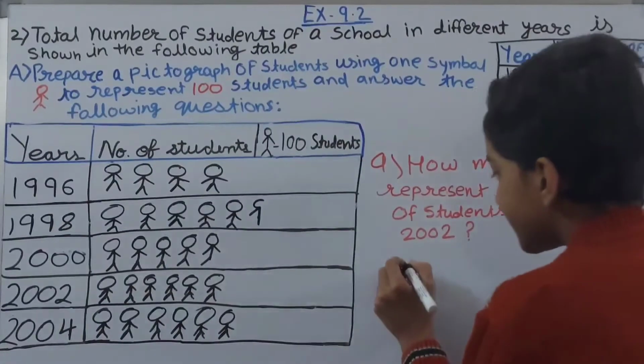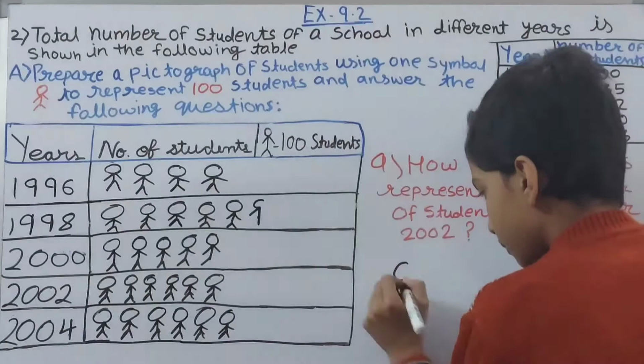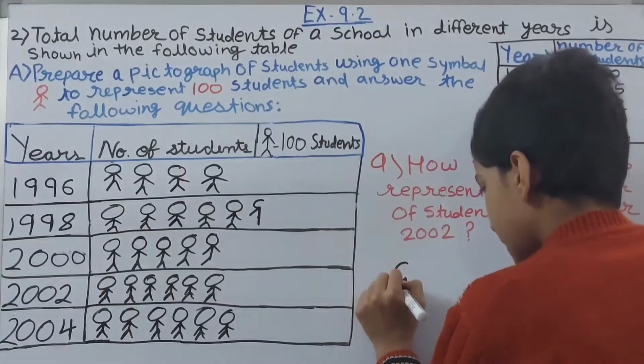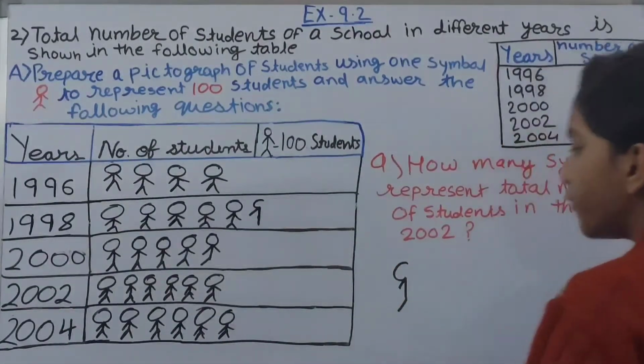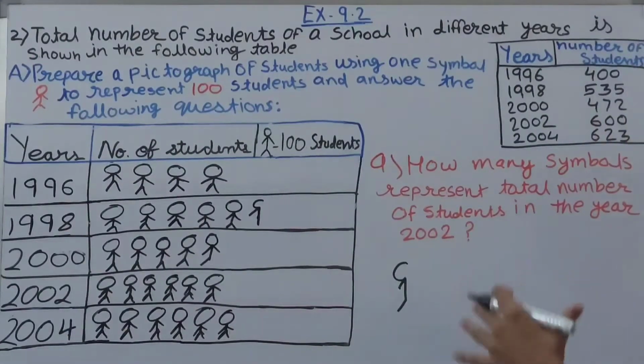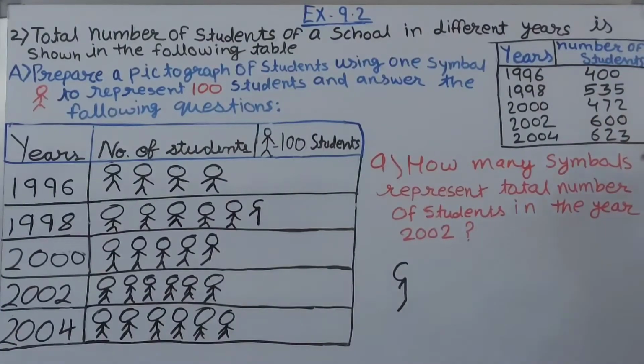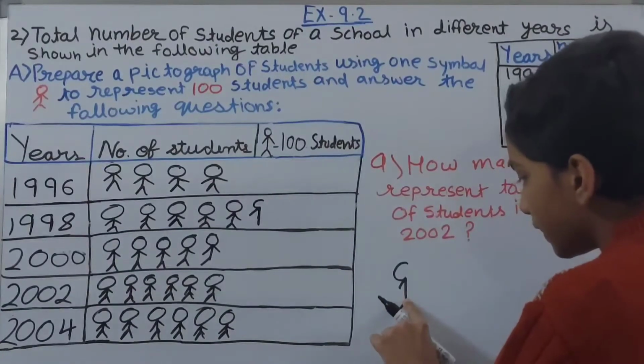So if you will see over here, this half is representing 50 students. So you can change this. So how will we represent 23 on this? You can see over here 23 is there. Now what if we remove one leg?